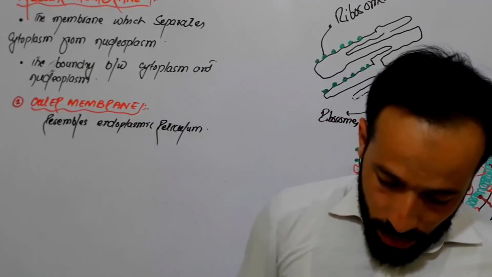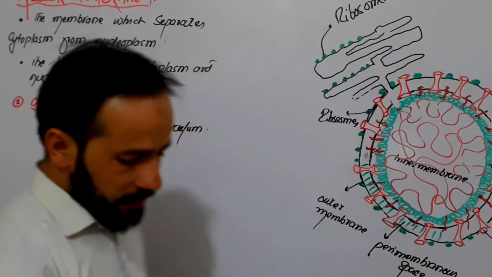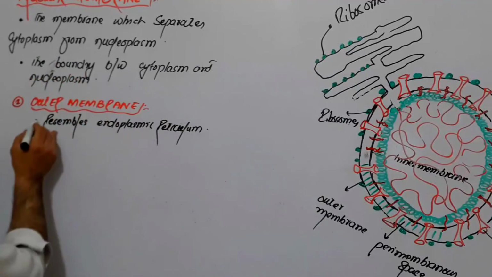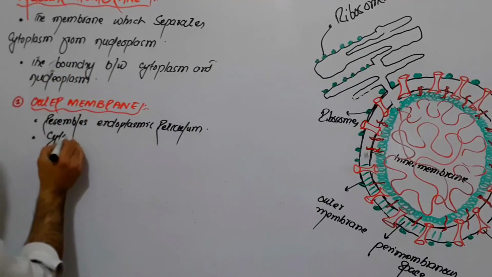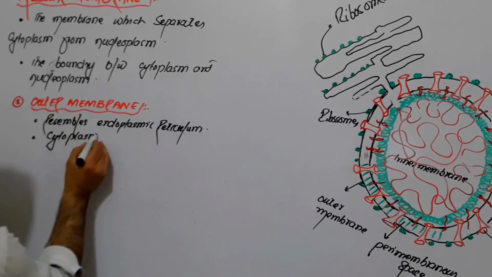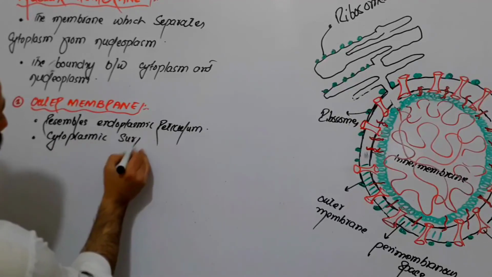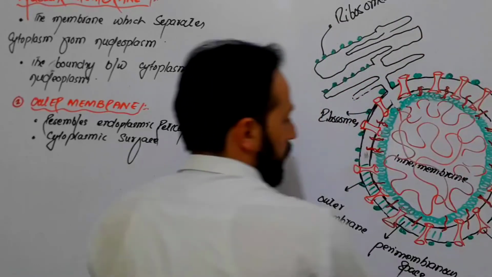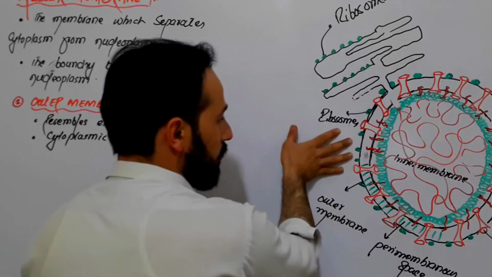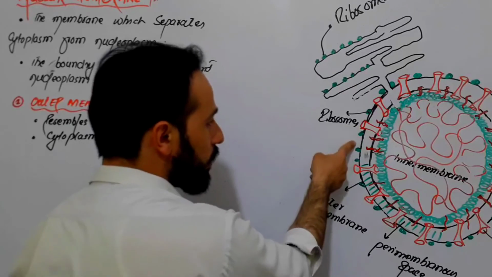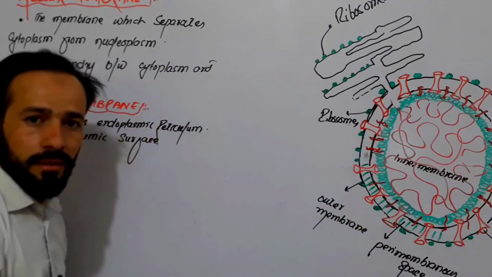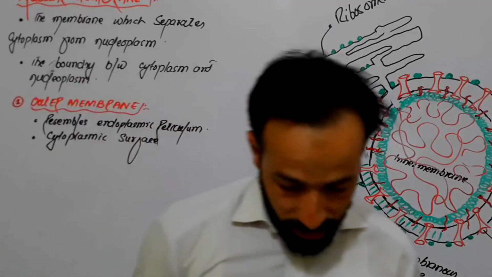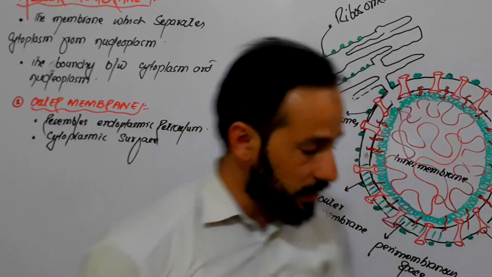Then, it is the cytoplasmic surface. How? We know that outside the nuclear membrane there is cytoplasm. So cytoplasm is in contact with the outer membrane of the nuclear membrane. So this is the cytoplasmic surface of the nuclear membrane, and it contains ribosomes.